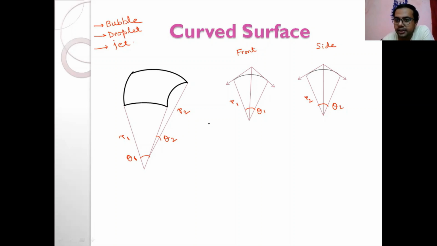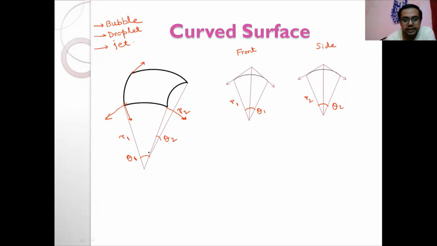Now here the surface tension is acting over the surface, in this way and this way, similarly over this way and this way also. And due to the surface tension, force is acting over it. In such a condition, we are interested in finding out the equilibrium.